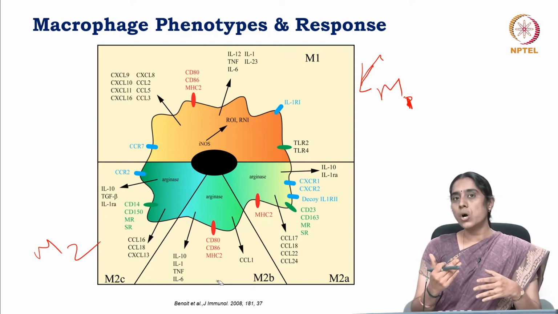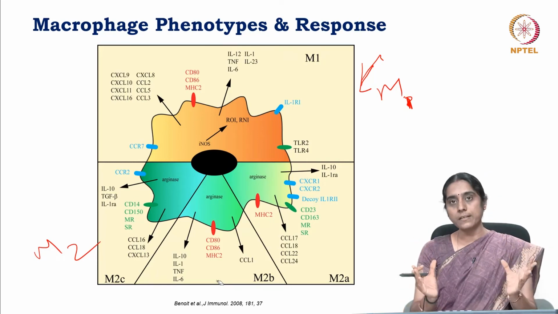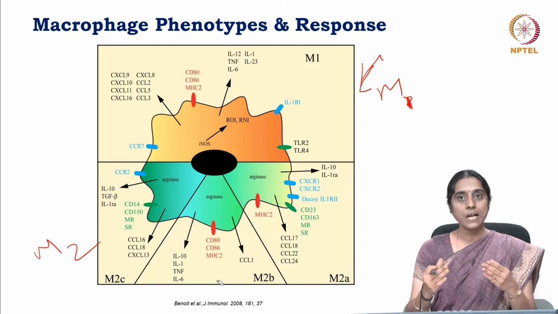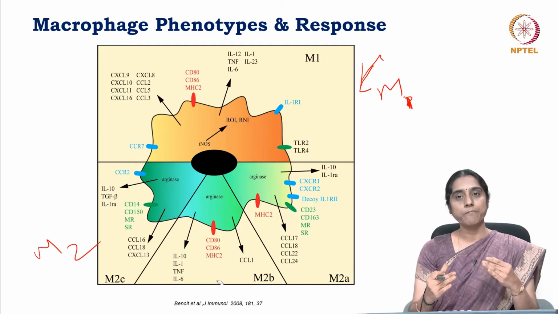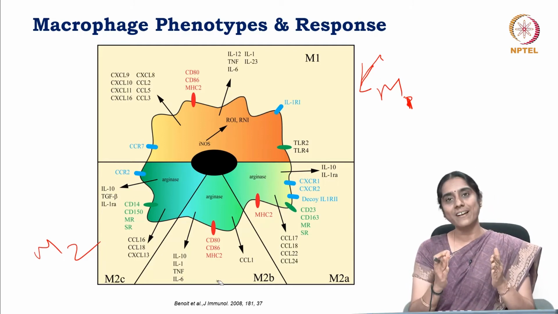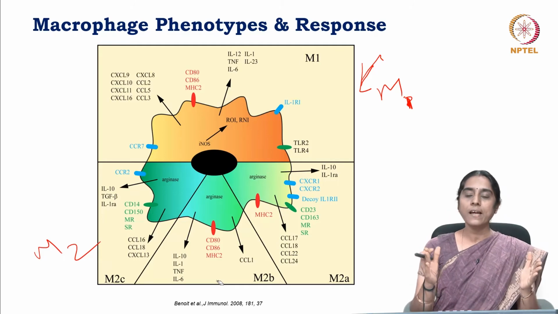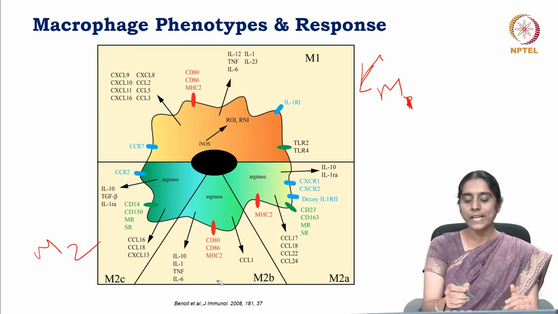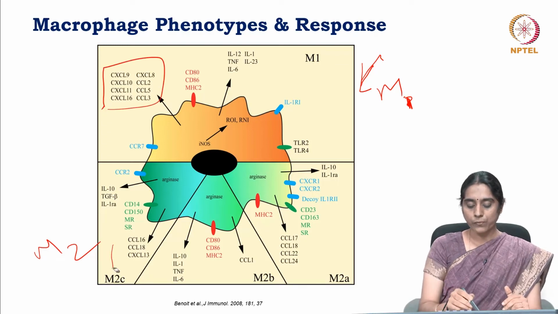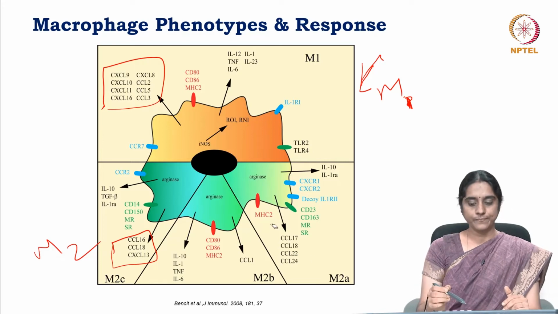Based on phenotypic marker expression, the type of enzyme they secrete, their function and the cytokine profile they express, they are classified as M1 and M2. You can see here that the set of chemokines by M1 and the set by M2 are different.